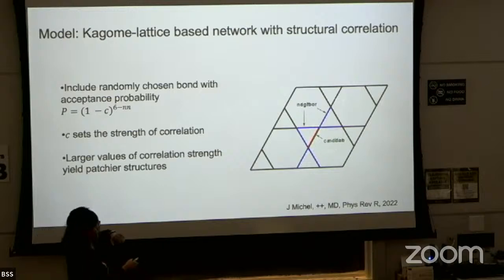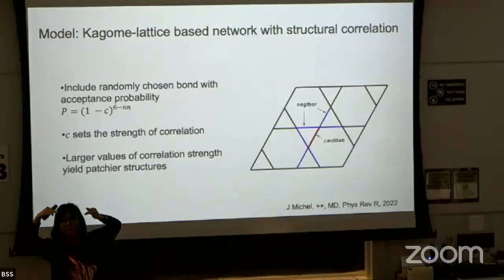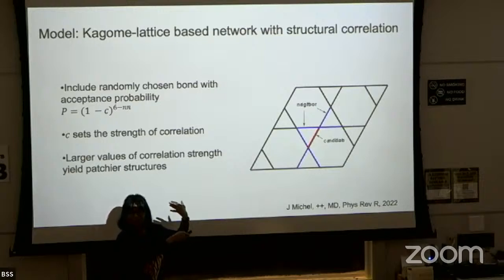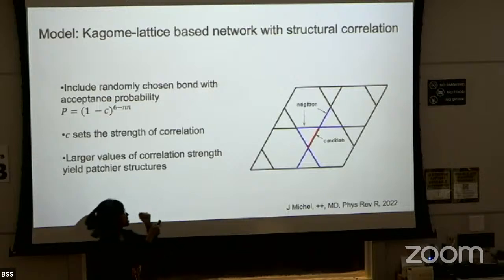And when we either fill in the lattice or dilute the lattice, we don't do it uniformly. The maximum number of bonds a bond can have as neighbors in a Kagome lattice is 6, this one, this one, this one, this one, this one, and this one. So we say that if a bond is already there, then we are more likely to fill in its neighbors. If it's not there, then we are not as likely to have its neighbors, right?